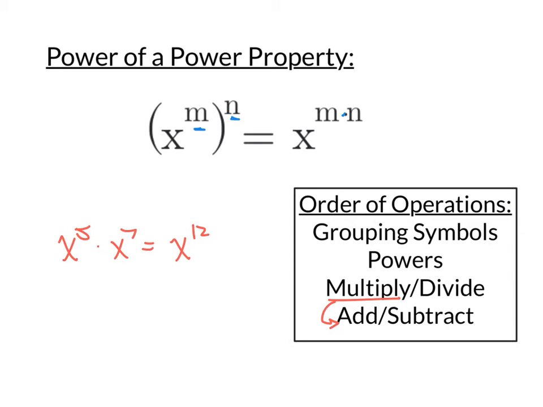And now we have the power of a power property, so that when we have something like x to the fifth to the seventh power, so we have a power to a power, we multiply those two together and get x to the 35th power. So, in relating this to our order of operations, when we see powers taken to other powers, what we do is multiply them together.